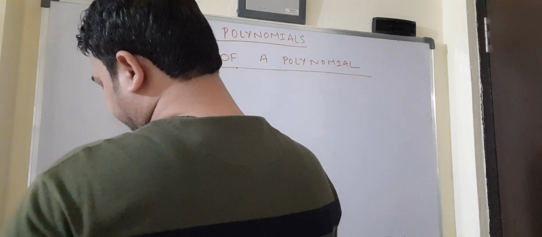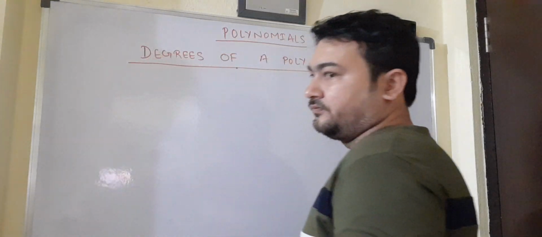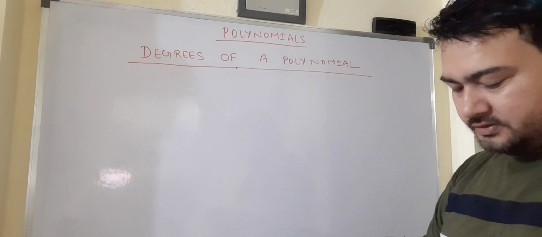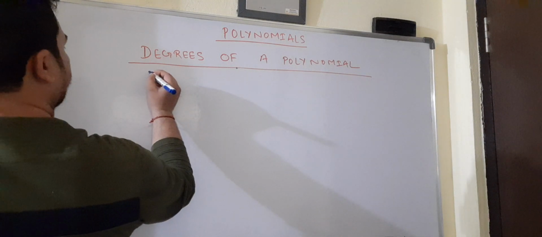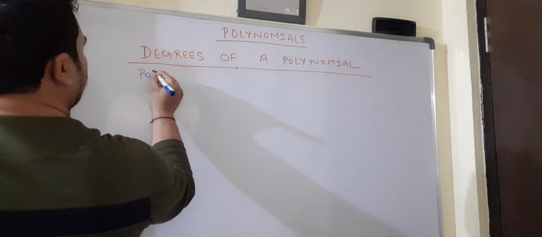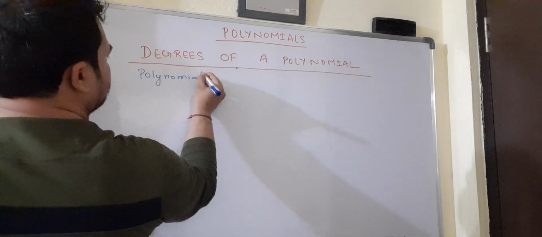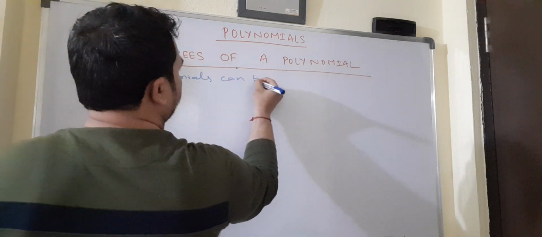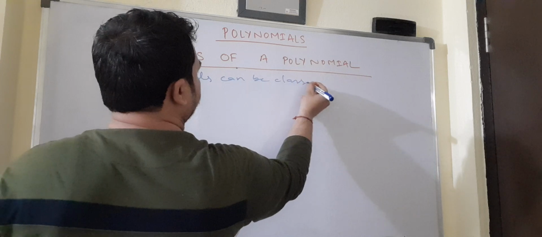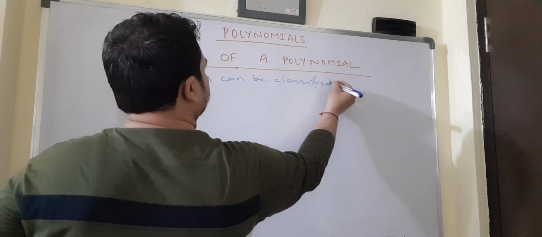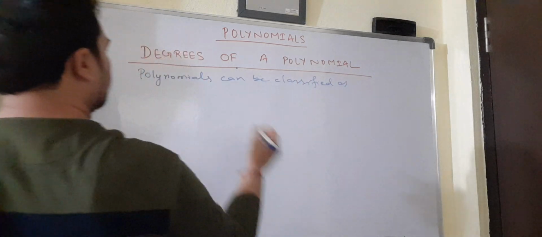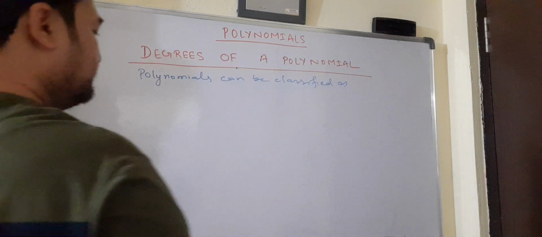Now, based on the degrees, polynomials can be classified. Remember this is on the basis of degrees.